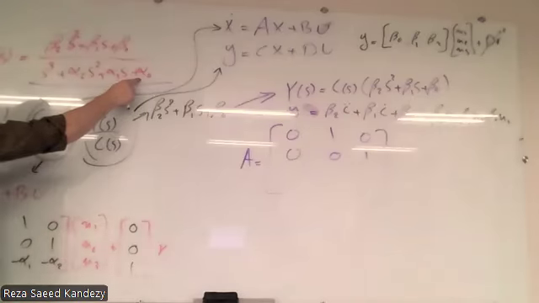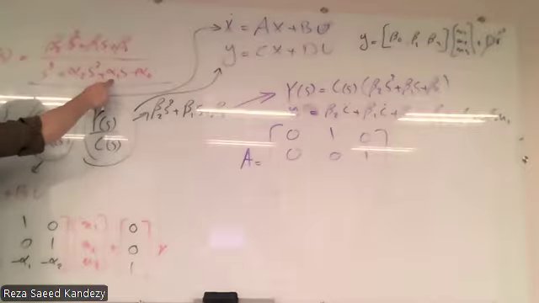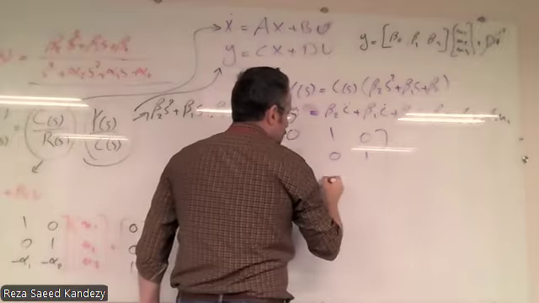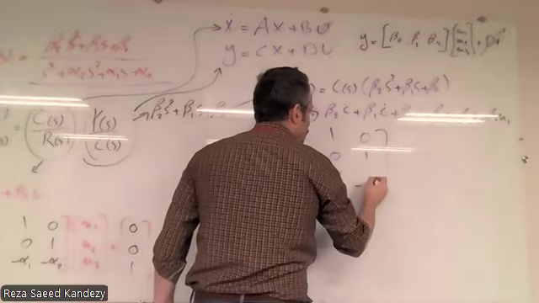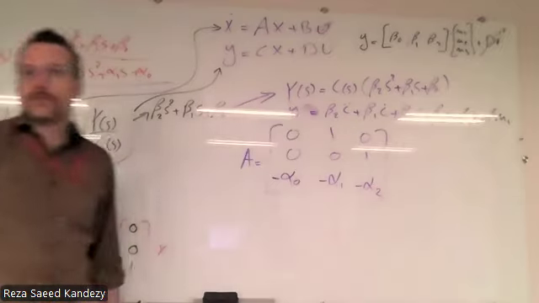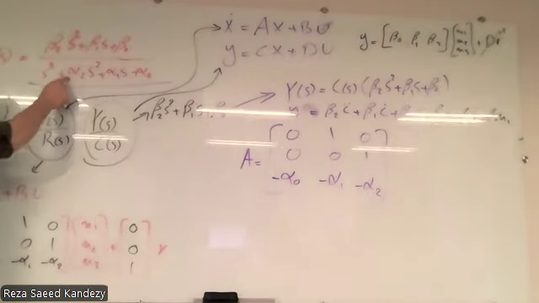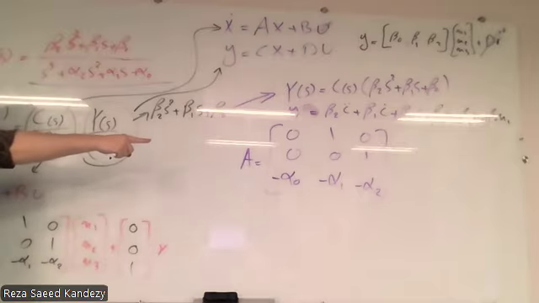So first alpha naught, then alpha 1, then alpha 2. So minus alpha 0, minus alpha 1, minus alpha 2. Make sense? Remember, this should be a standard form. The denominator should be in standard form. So by looking at this function, you have the A.